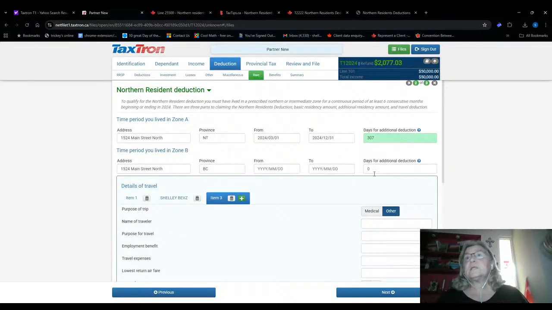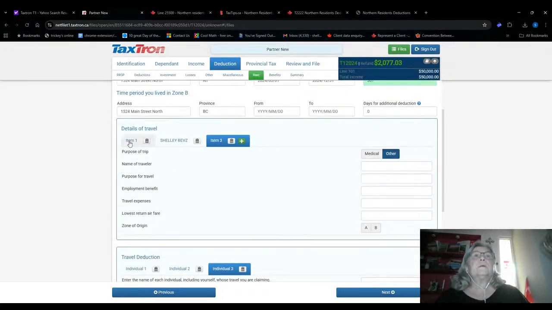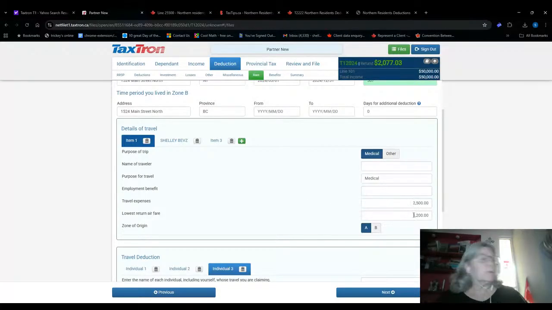Okay, that's the additional. And then what you do is you get your details of travel. Item 1, I'm going to say this is my medical, the travel expense, the lowest fare. All right, so I get to claim typically the lowest fare. Like if you're going to fly business class, unless you have to because you're not well, you'll only get to claim the $1,200.